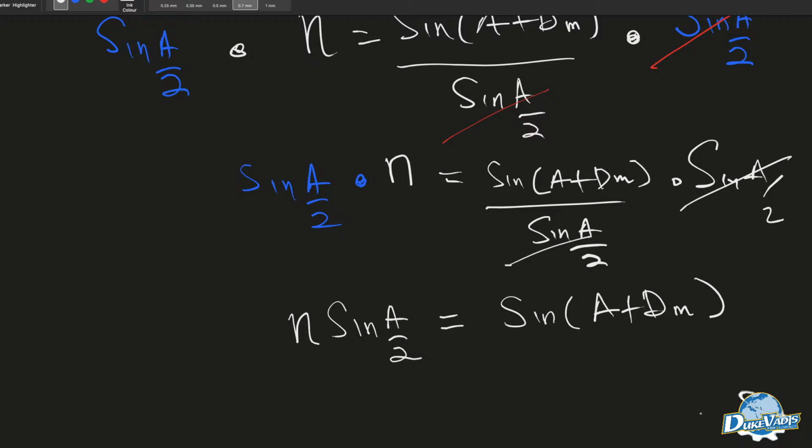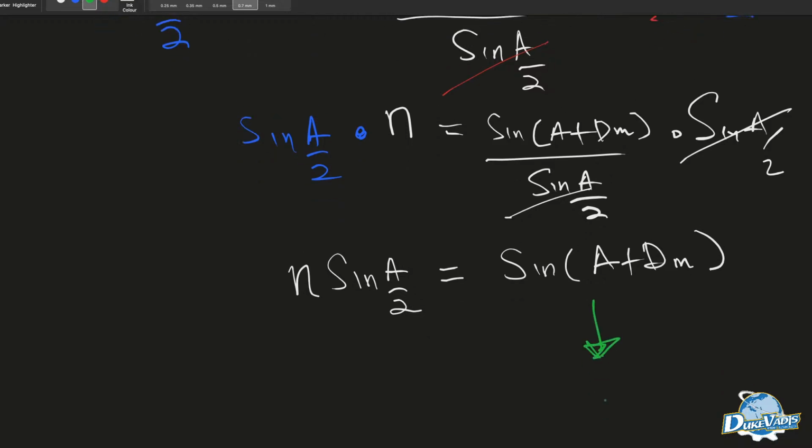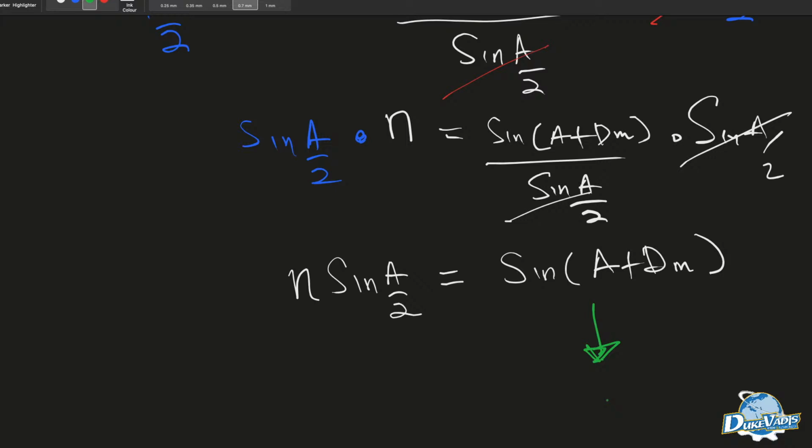Now, you see that on the right hand side, we still have sine of (A plus D). I'm going to do a simple little illustration for you to understand how to get rid of the sine there, for us to be able to make D subscript m the subject.